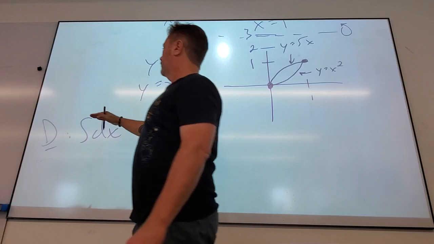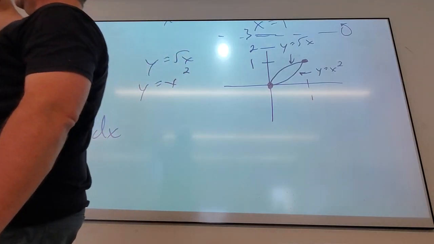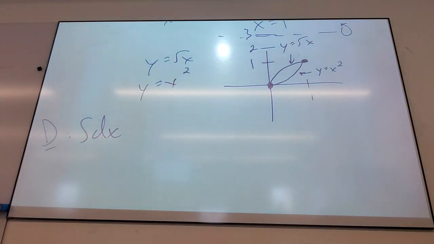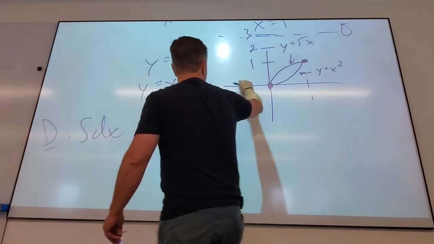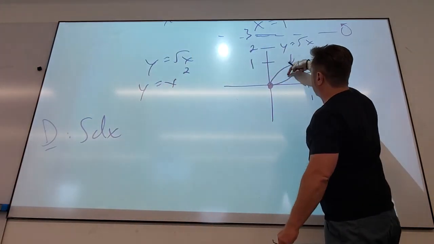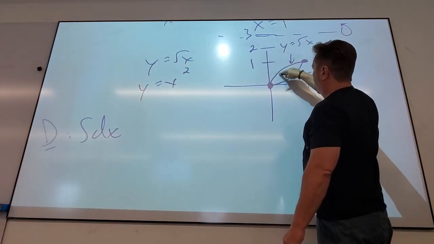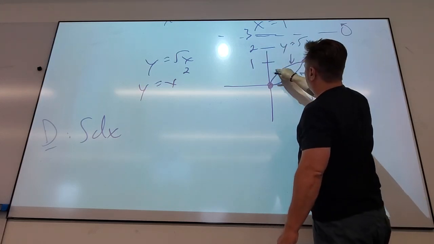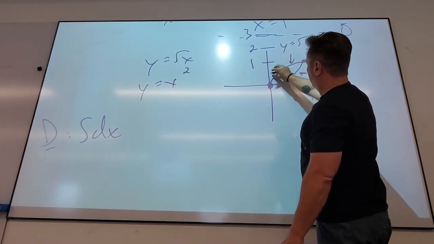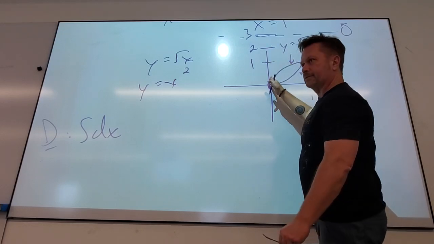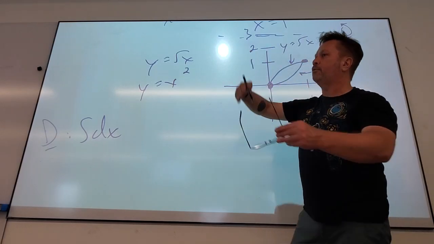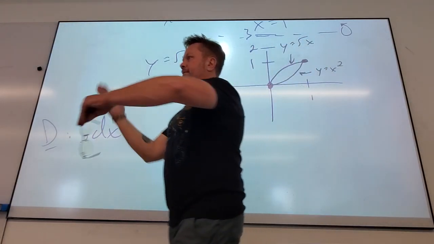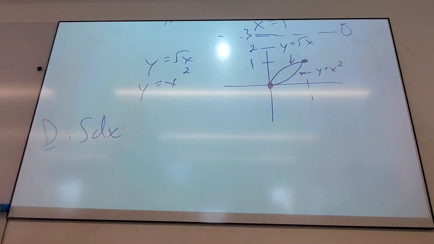Period. And whatever discs is, shells is the opposite. Because I find my disc on the x-axis, but when I do shells I have to go parallel to this, so I find my representative rectangle on the y-axis. That's why whatever one is, the other one is the opposite, because they use perpendicular ways to find stuff.